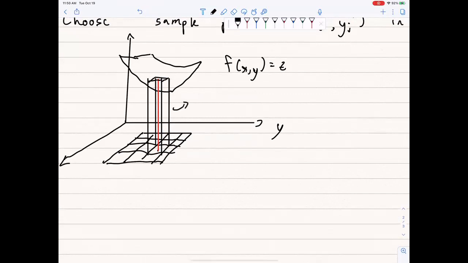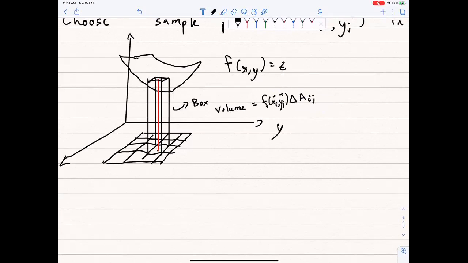So this is this box, and the volume of this is going to equal the area of the base times the height. And the height we'll put first, actually, which is going to be f of x_i star, y_j star of that particular box.